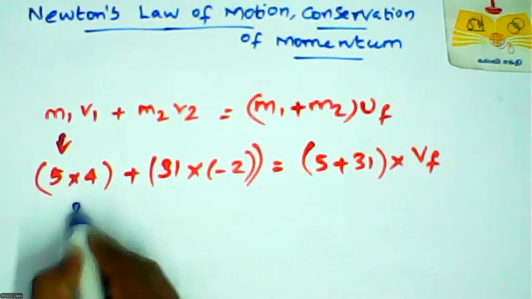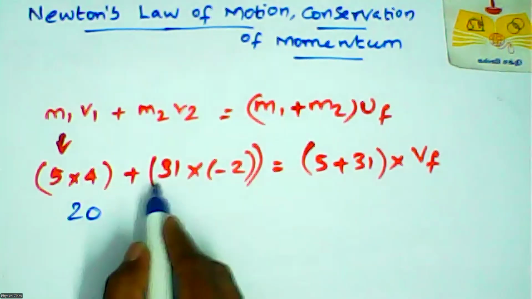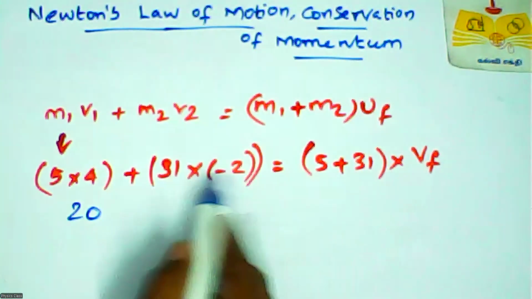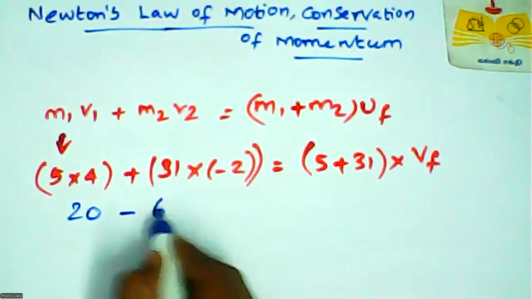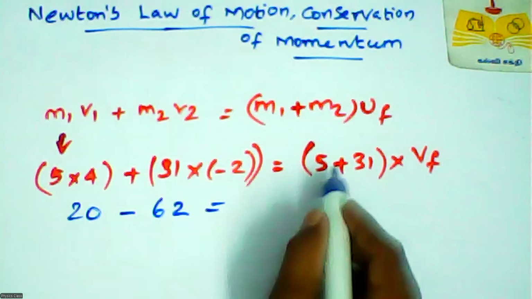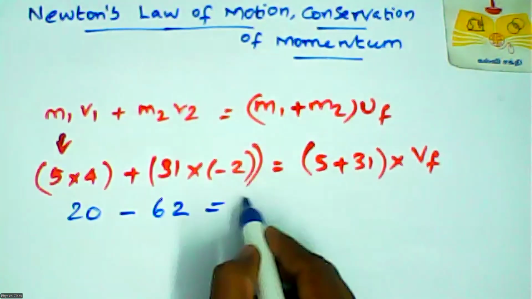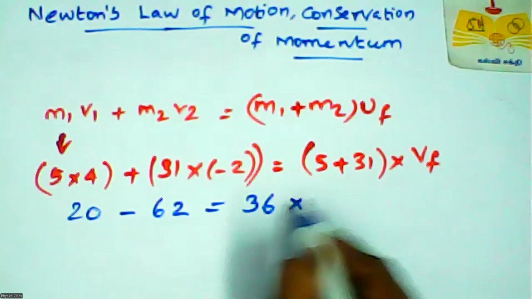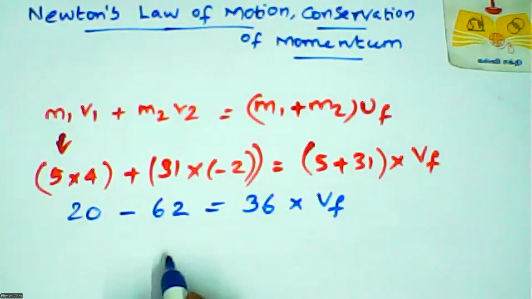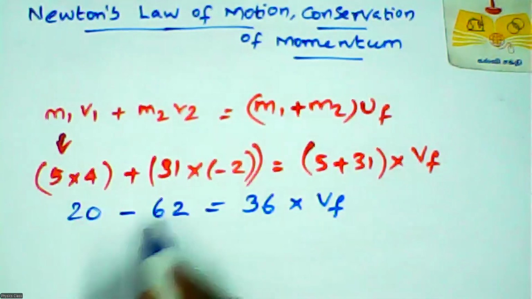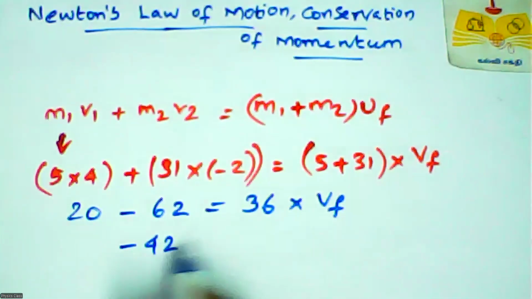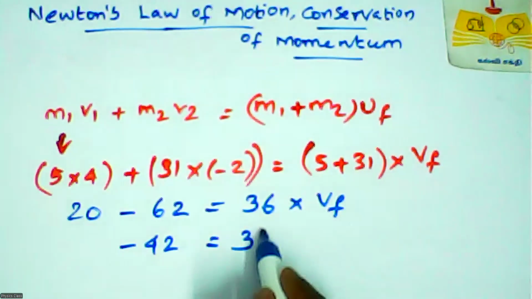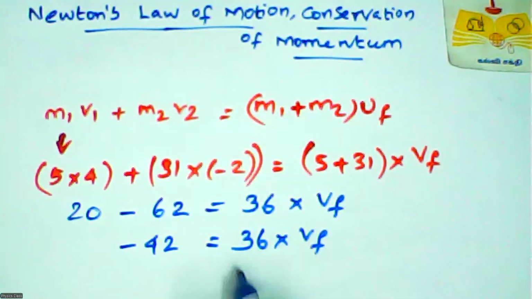So 5 into 4 is 20, 31 into minus 2 is minus 62, and 5 plus 31 is 36 into vf. 20 minus 62 is minus 42. So minus 42 equals 36 into vf.